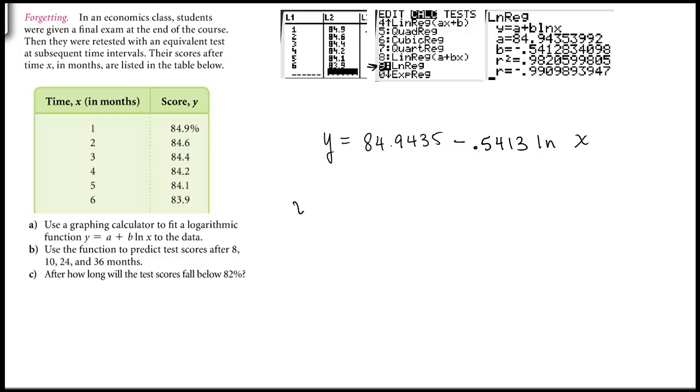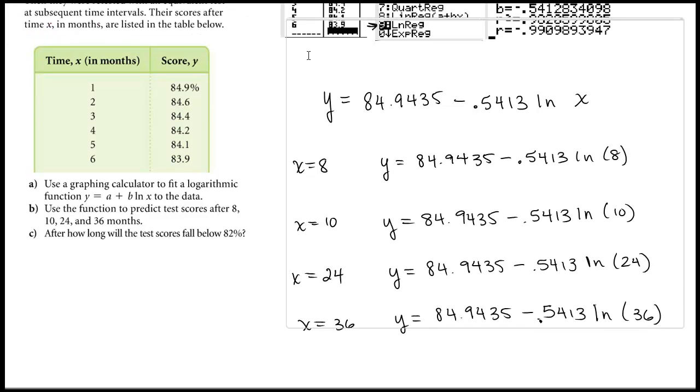So in part B, we're looking for when X is equal to 8, when X is equal to 10, when X is equal to 24, and when X is equal to 36. Plug in those values. So after 8 months, the score would be 83.8%.